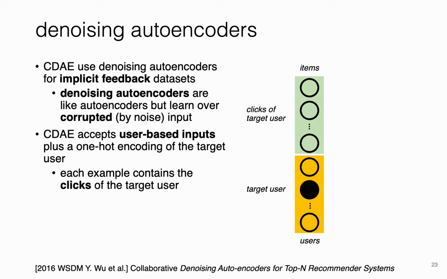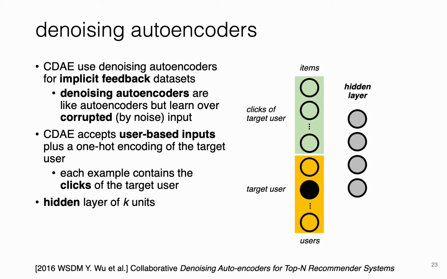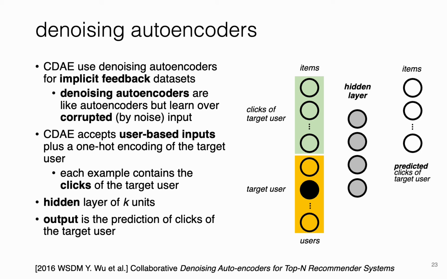In addition, the target user is one hot encoded, shown in the yellow part. A hidden layer of k units holds the target user's embedding, which is then decoded into the predicted clicks of the target user. Rating prediction is done as in plain autoencoders.